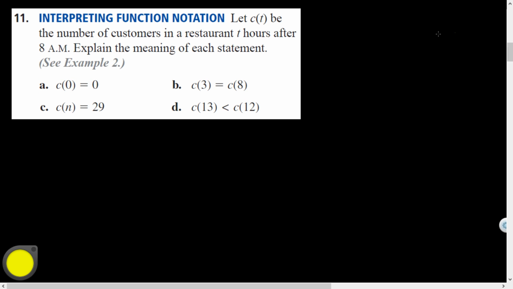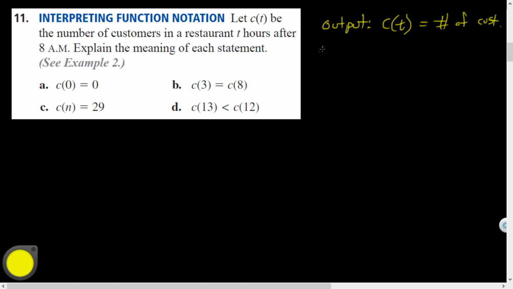So that's what we end up getting there. Now, interpreting function notation. These ones, I really like these ones. These ones really get me thinking. It says let C of T be the number of customers in a restaurant. So the output is C of T, and that is the number of customers.